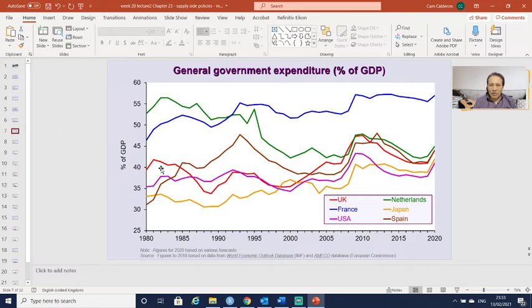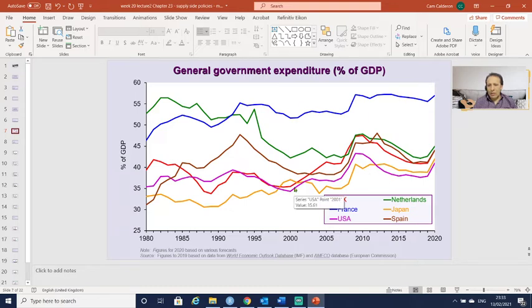So this is the general government expenditure as a percentage of GDP. You can see how public spending has fluctuated as a percentage of GDP for several countries here. In red, we have the United Kingdom. We can see how big government expenditure is in France, and this compares with the rest of the countries in Europe.